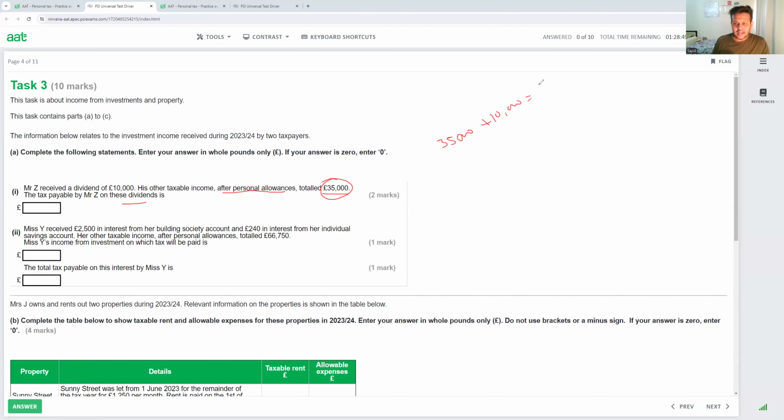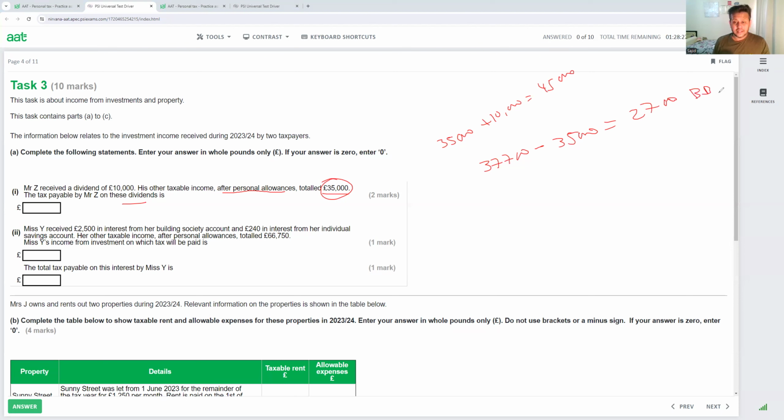That means I now have 45,000 of income. The question is how much tax I'm going to pay. Now, what do students do? Normally students find the band difference very easily: 37,700 minus 35,000, and they say oh, 2,700 is left in the basic band.